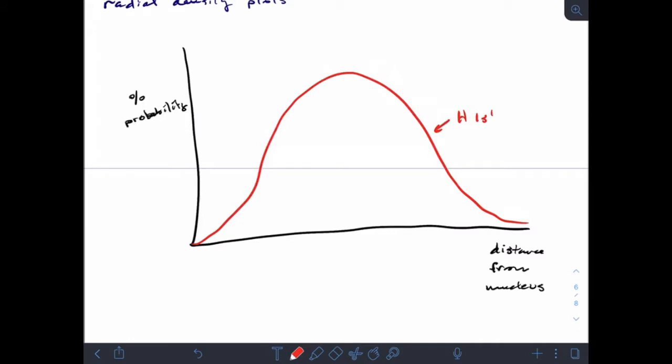The most likely location, so remember my y-axis is probability that I will find an electron at a particular distance, sits at what we call 1 A0, and we talked about A0, that's a Bohr radius. Okay, so at about 53 picometers. It's the most likely distance from the nucleus that you'll find an electron for a hydrogen atom.